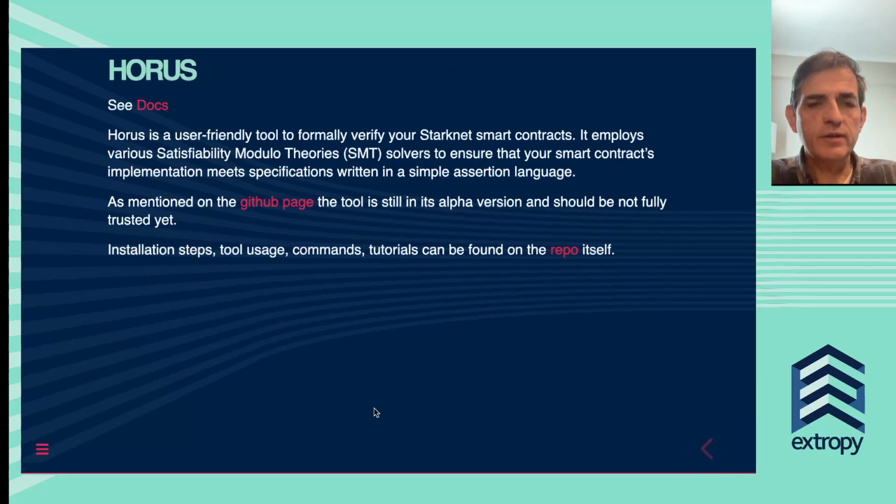Finish off with the tool Horus. So this is a formal verification tool, and this is slightly different from symbolic execution tools in that a formal verification tool needs a specification of the application.